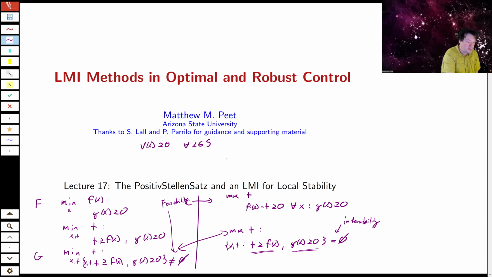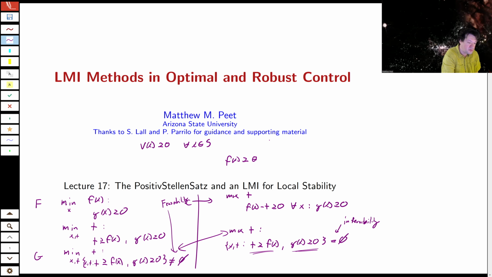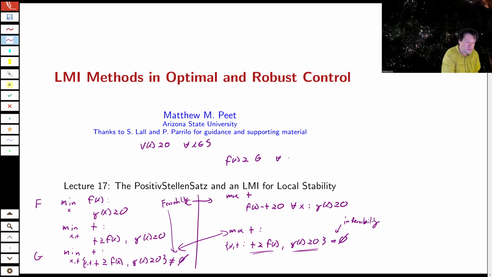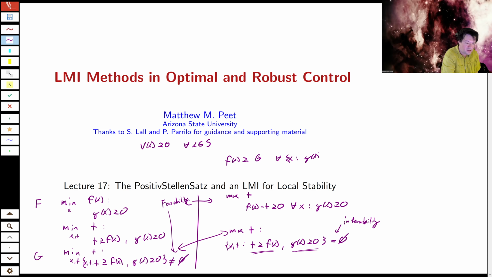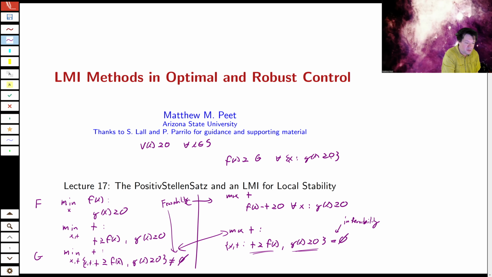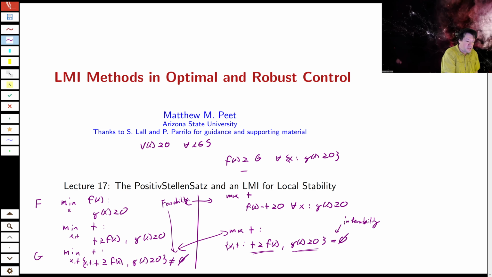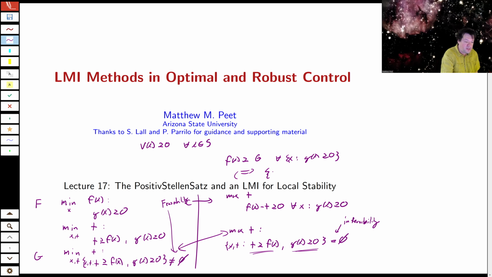So in general, the problem now is to prove that f of x is greater than or equal to 0 for all x such that g of x is greater than or equal to 0. But that problem is equivalent now to infeasibility of a set.